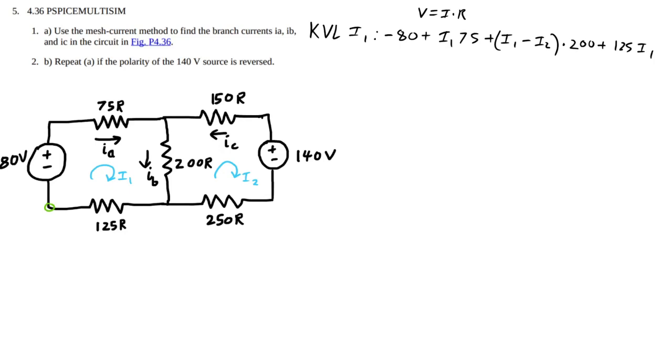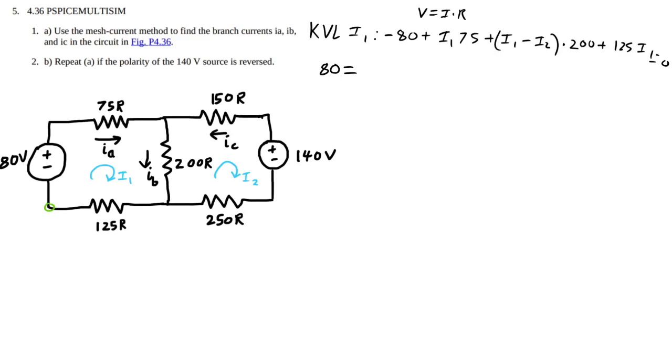All right, so we can consolidate that equation. I forgot to write equals 0. All of this equals 0. So I'm going to move the 80 to the other side. 80 equals I1. Let me put the coefficient in front.